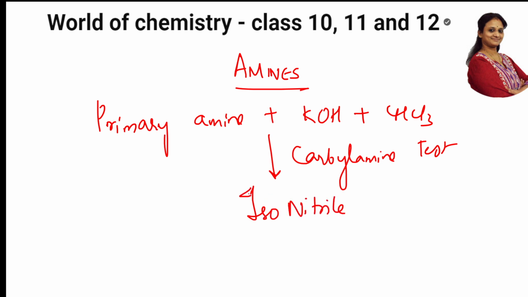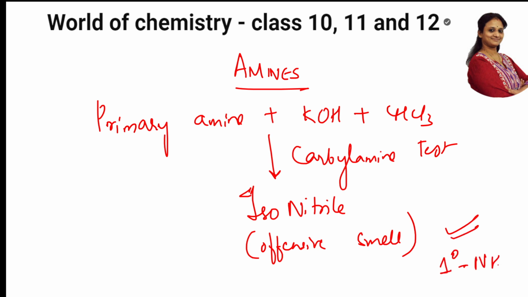How do you test this? You'll get an offensive smell. If they give that in a paragraph, remember they're talking about a primary amine. This is one test specific for primary amines.